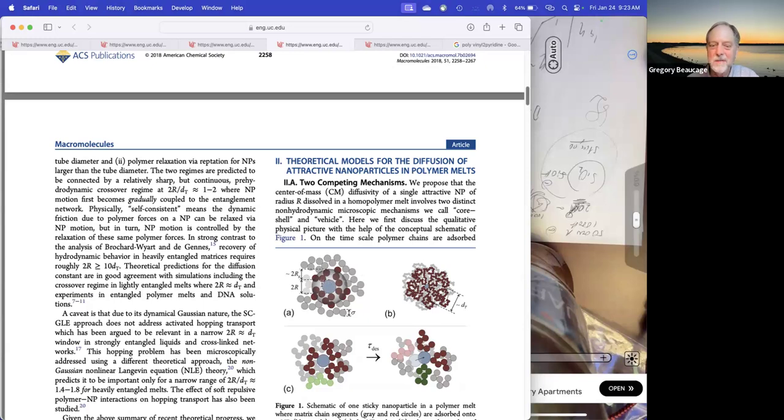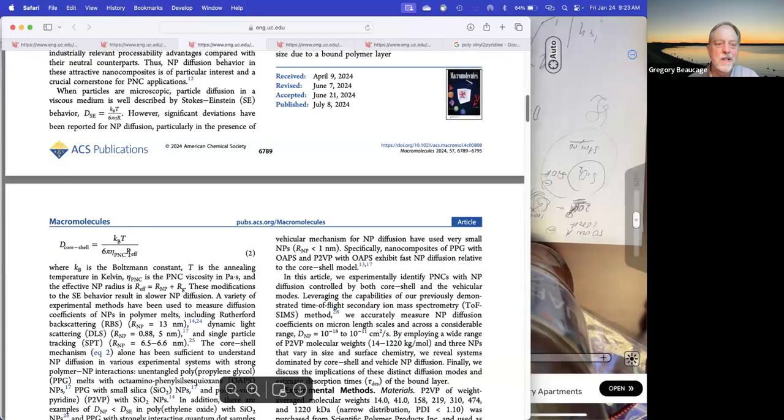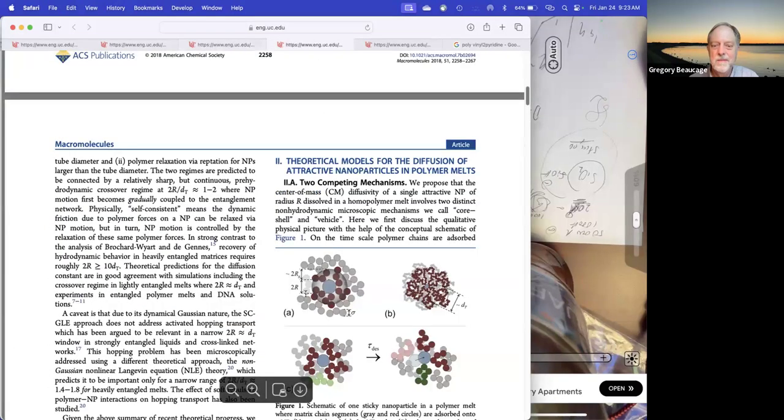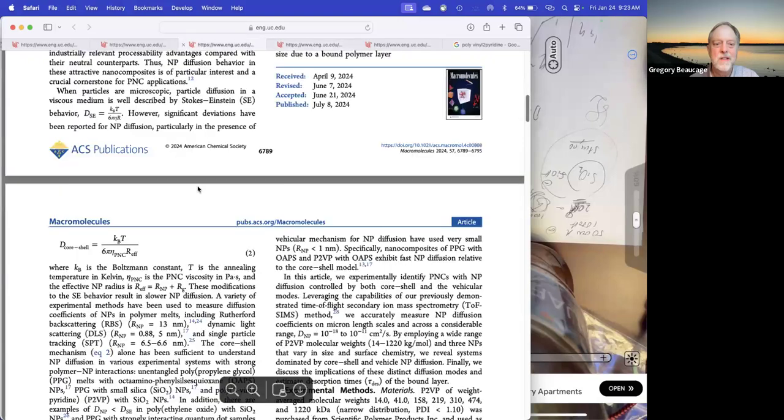So the actual radius is going to be larger. The Stokes-Einstein is going to have a modified larger radius: the radius of the sphere plus 2 times the radius of the coil. And that should reduce the transport because it's a larger particle.